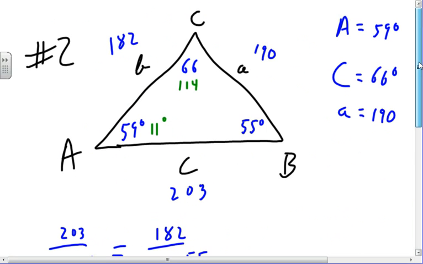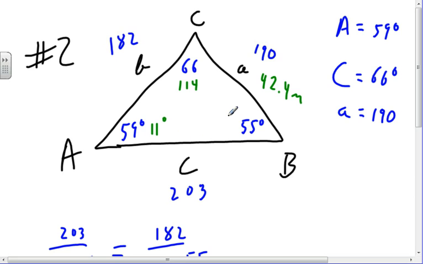So there's two different answers, and both of them perfectly okay. I could have an angle that's very flat, or I could have an angle that's more equilateral in nature. So there's two possibilities.